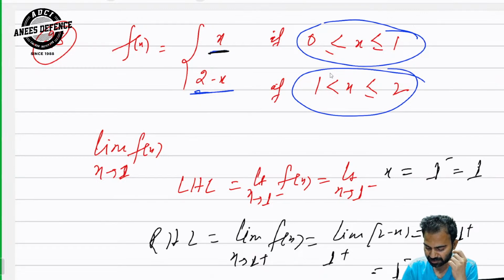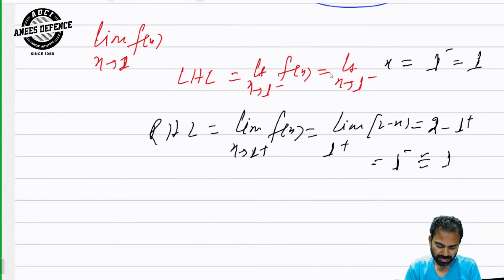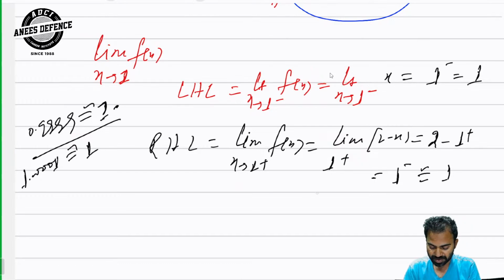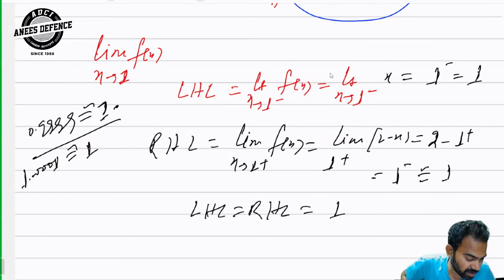So it will be 1. 1 minus is 0.999, approximately equal to 1, right? And 1.0001 is approximately equal to 1. So LHL equals RHL equals 1. The limit exists and the value is 1. So option A is the correct option for 28. Hurry up.